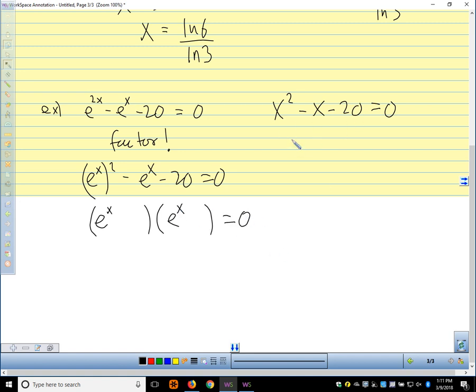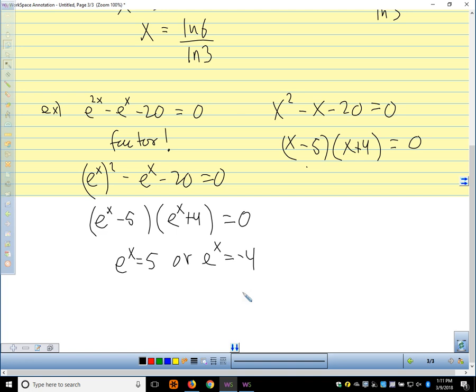How would we factor this? 5 and 4. 5, 4, minus, plus. We're going to factor this exactly the same way. And this tells us that e^x = 5, or e^x = -4.